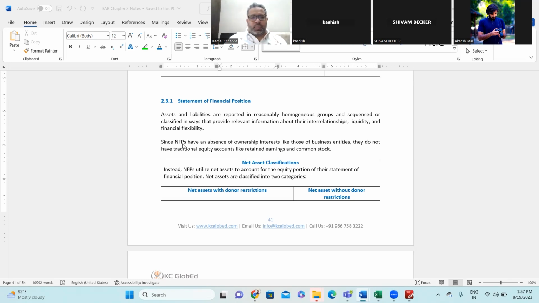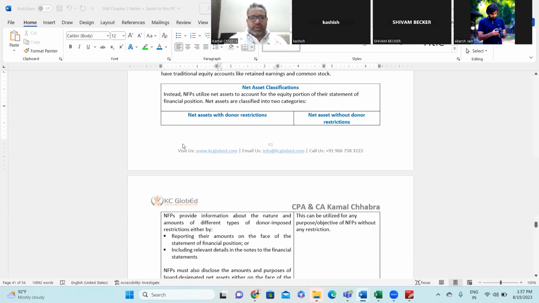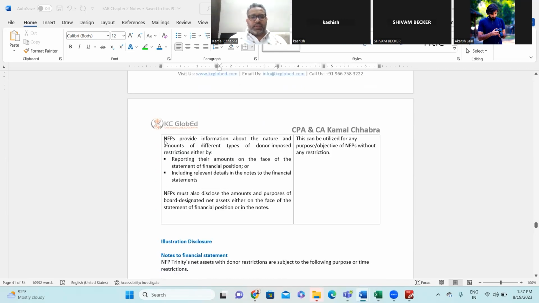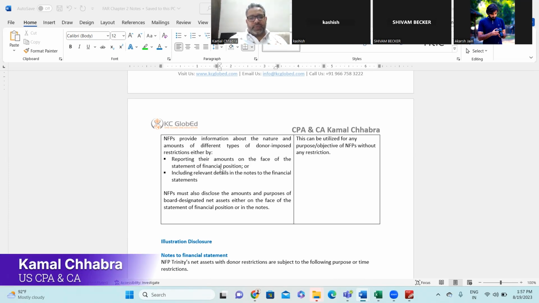So now coming to the detail. A not-for-profit organization provides information about the nature and the amount of the different types of donor-imposed restrictions, either by reporting their amount on the face of the statement, or second, by including relevant detail in the notes to accounts. So what is the type of restriction, whether it's use-based or time-based?